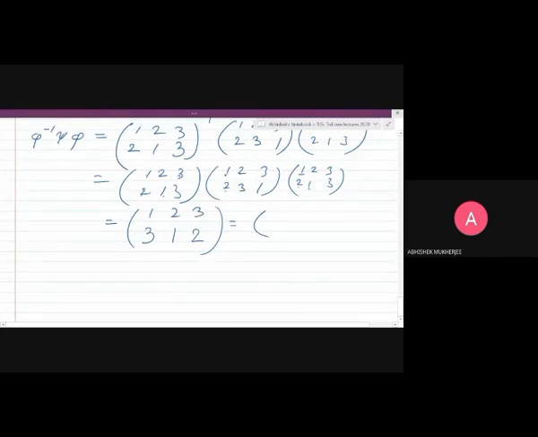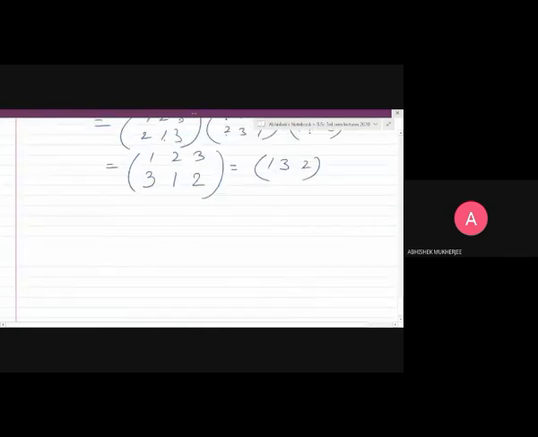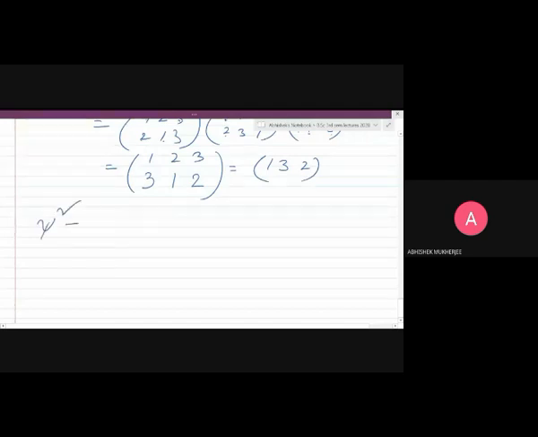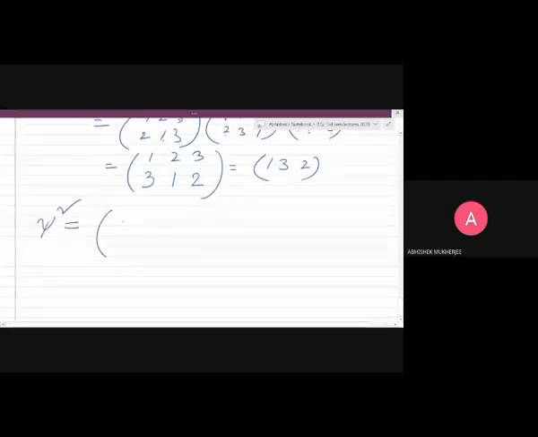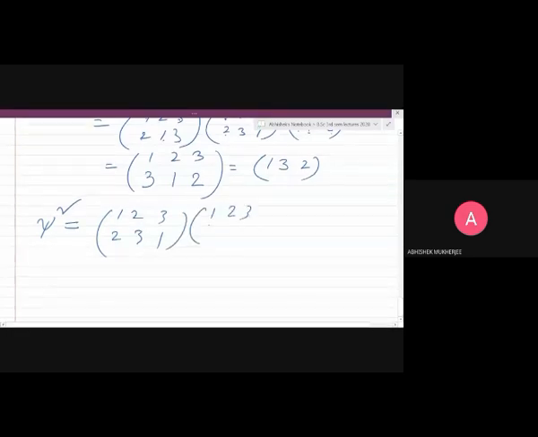This is actually the 1 3 2 cycle, right? Now what is psi square? Just check. That is 1 goes to 2, 2 goes to 3.